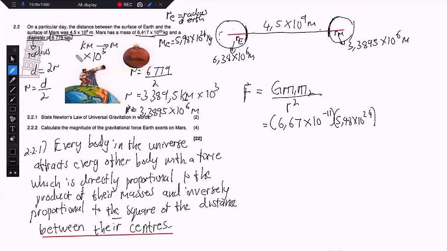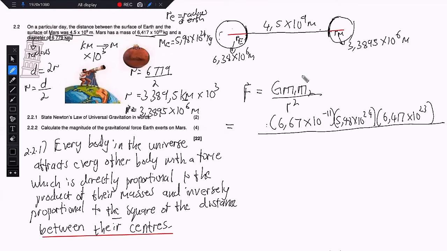Are we given the mass of Mars? There we go. So this is 6.417 times 10 to the exponent of 23, right? So there we go.